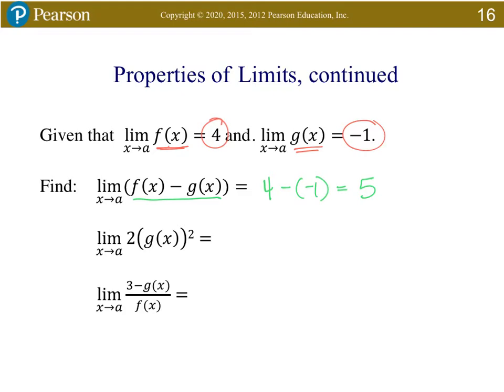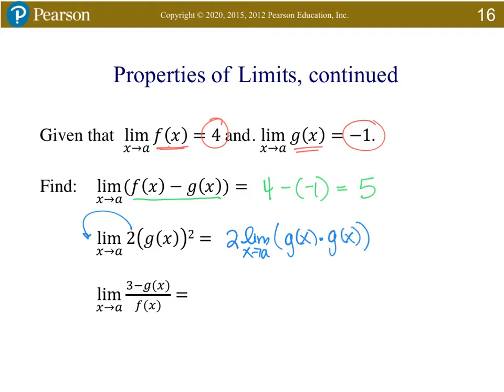The next question is the limit of 2 times the quantity g of x, squared. So the 2 is a constant. It can get pulled out front. And then g of x squared means g of x times g of x.